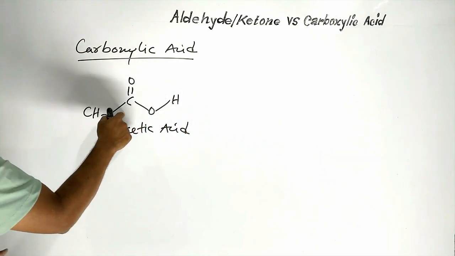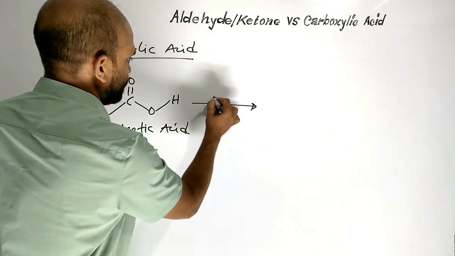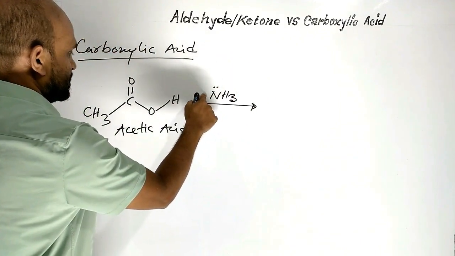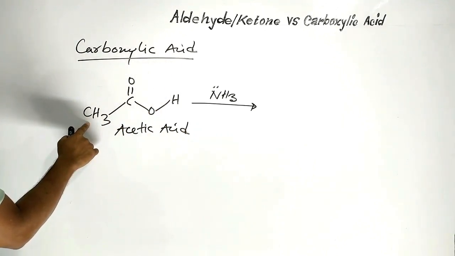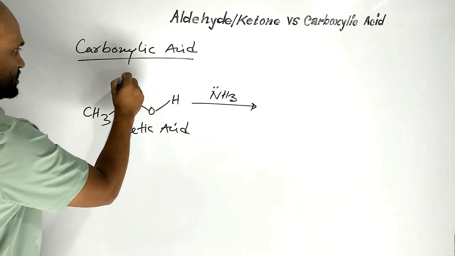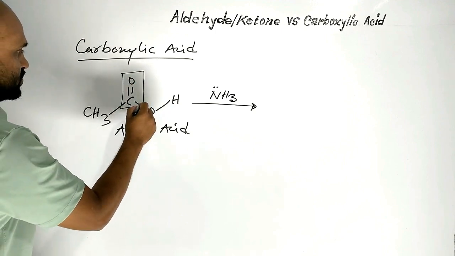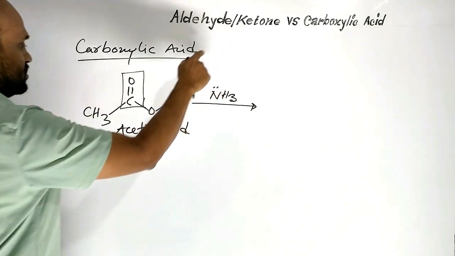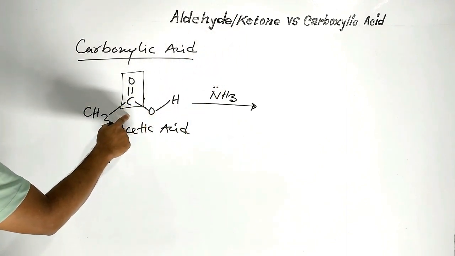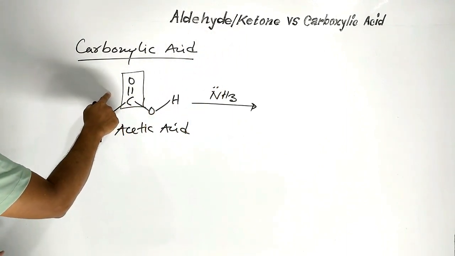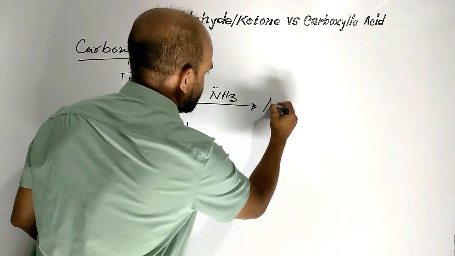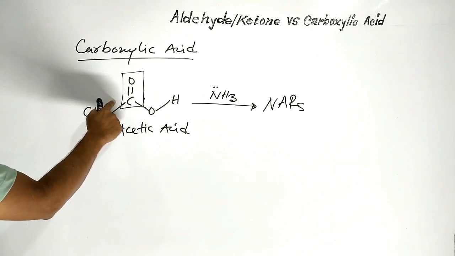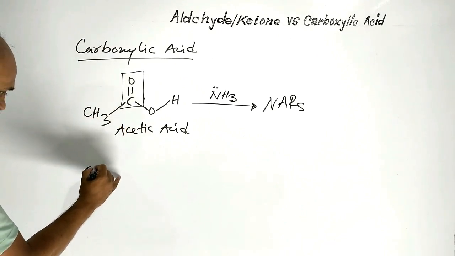When ethanoic acid is treated with the same nucleophile, ammonia, ethanoic acid, that is carboxylic acid, contains a carbonyl group. Nevertheless, unlike aldehyde and ketone, carboxylic acid, though it contains a carbonyl group, doesn't undergo nucleophilic addition reactions. Now let us see the reason behind this. Carboxylic acid.